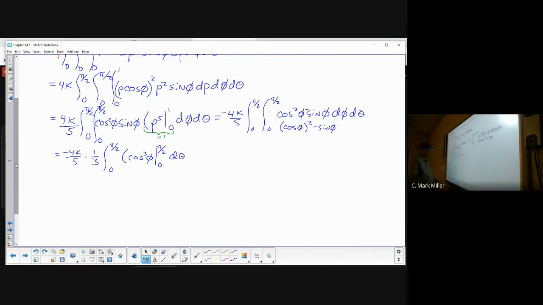And we've seen this before. When you plug in pi over 2 into cosine cubed, you get a cosine of pi over 2, which is 0. Cubed, 0. Minus, which you get when you plug in the 0, which is going to be a 1. So that integrates to 1. That happens a lot in these.